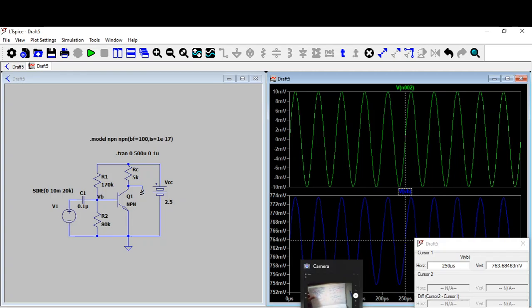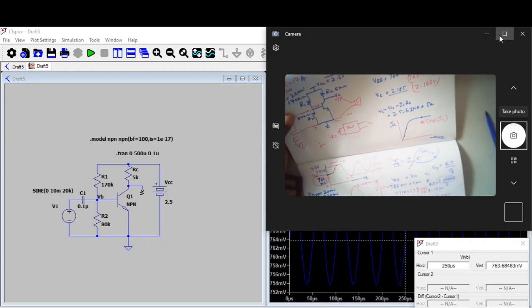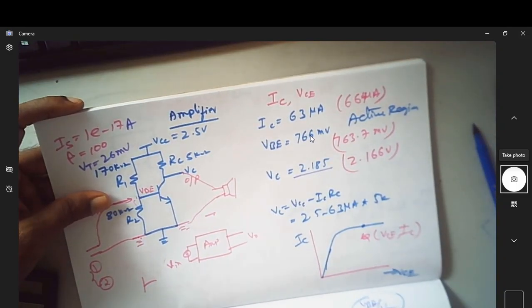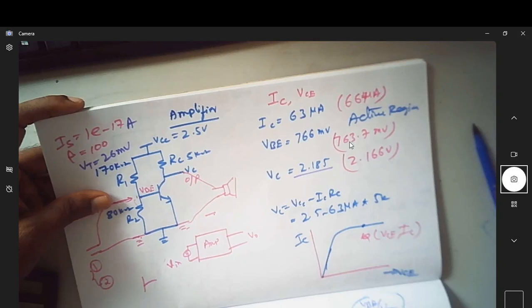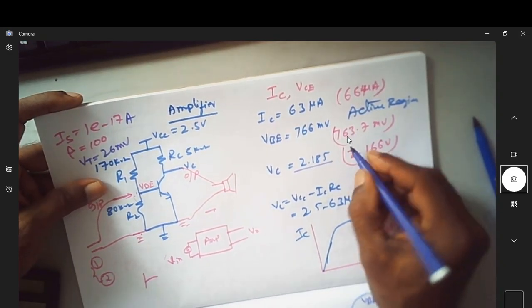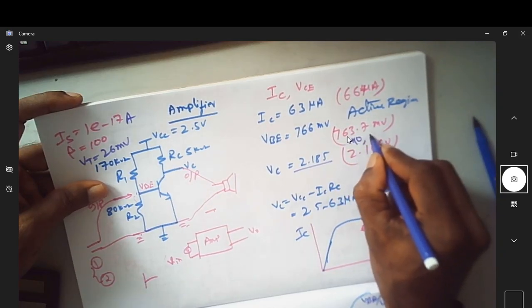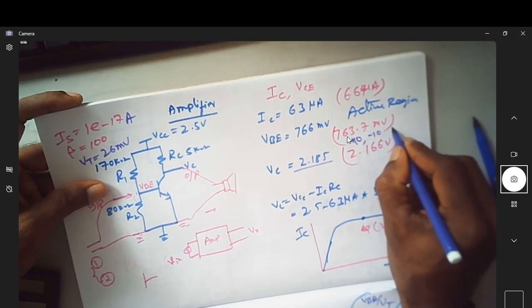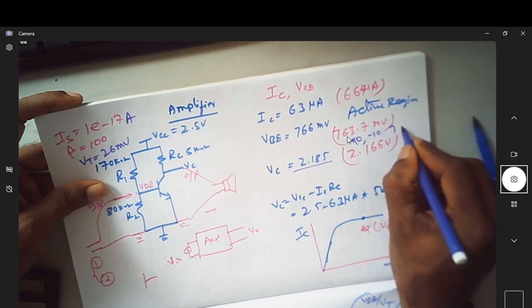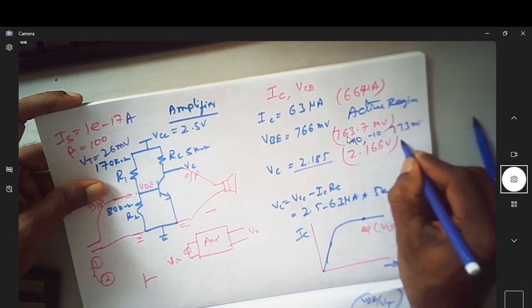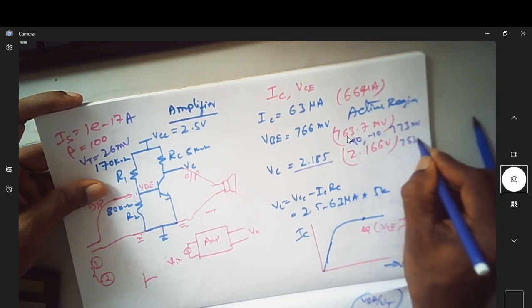If you go back and look at the calculation, we took it as 766, but in simulation it was 763. Over and above this 763 it varies. So it goes 763 plus 10 at the peak, and the minimum is minus 10. It will go from 763 up to 773 millivolt, and down to 753 millivolt.